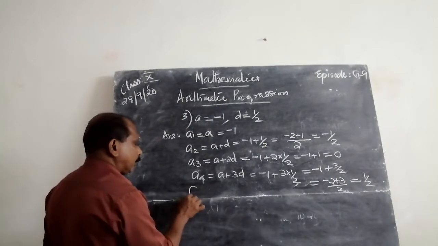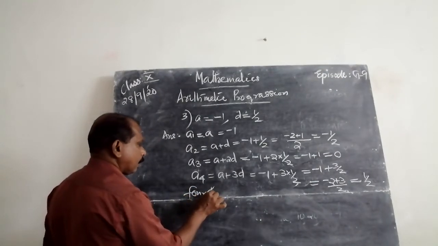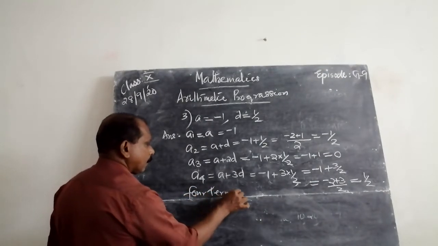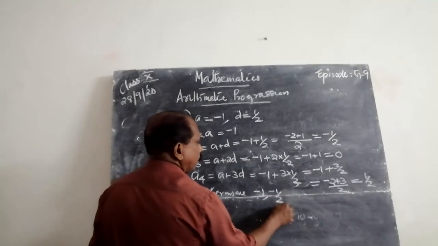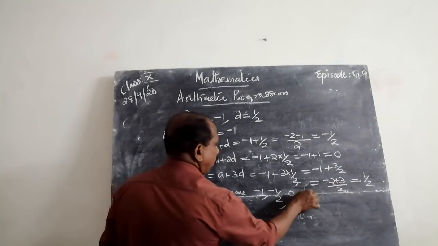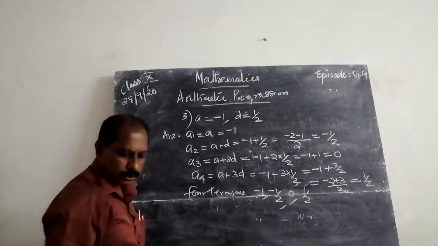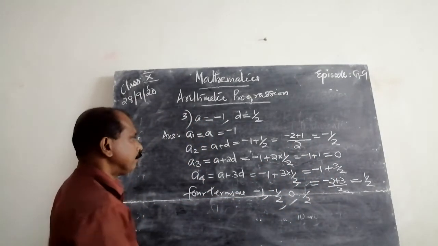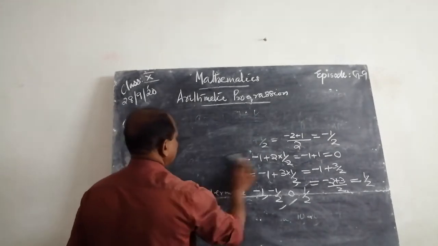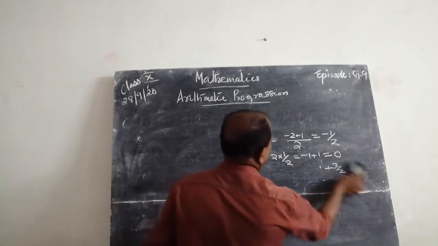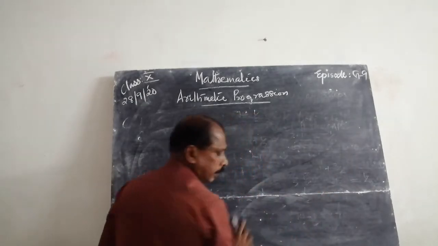Therefore, first 4 terms are minus 1, minus 1 by 2, 0, and 1 by 2. It is an increasing sequence.